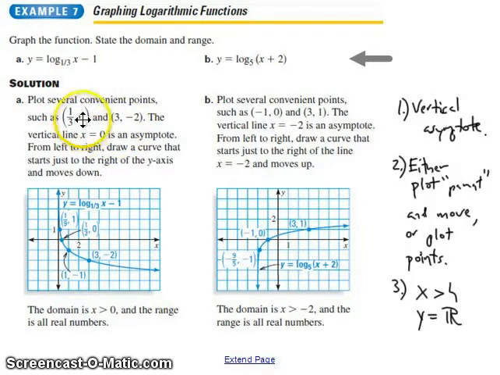You should get 0 for y in the first case and -2 for y in the second case. Plot those points along with the asymptote. They've given you 3, but you really only need the 2, the 1/3, 0 and the 3, -2, and draw that curve through those. And that's your graph of log base 1/3 of x minus 1.